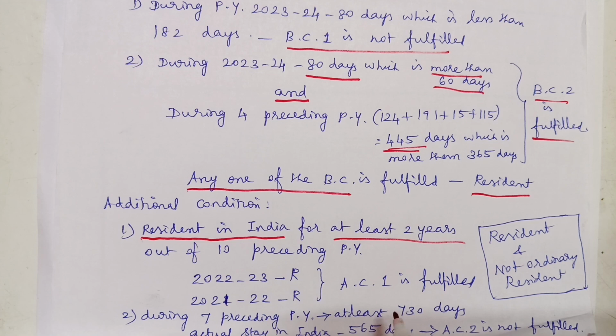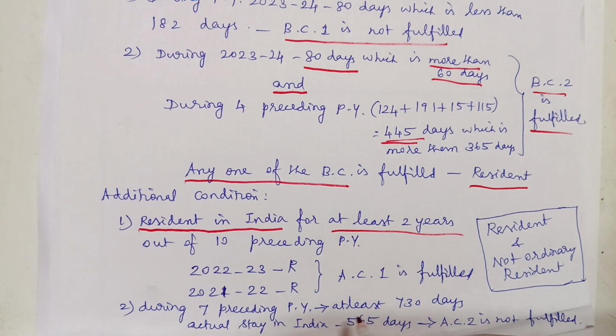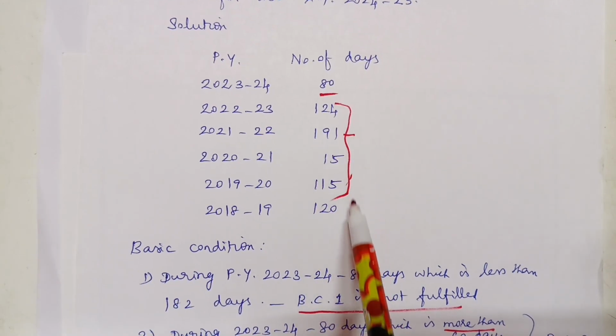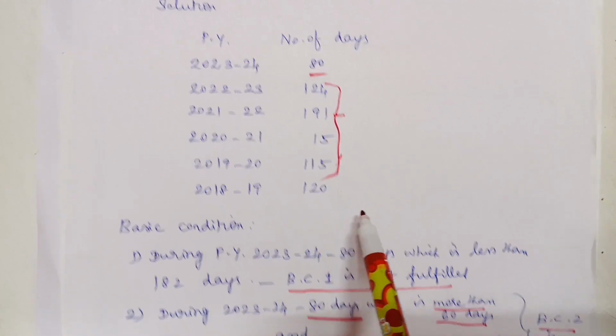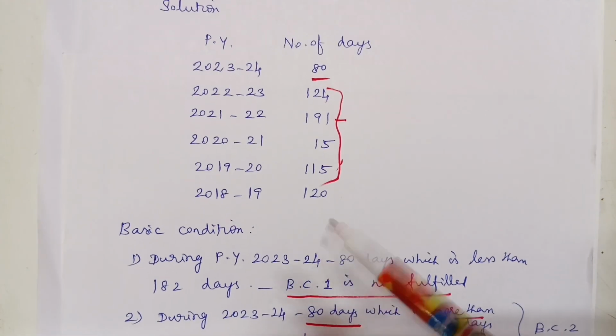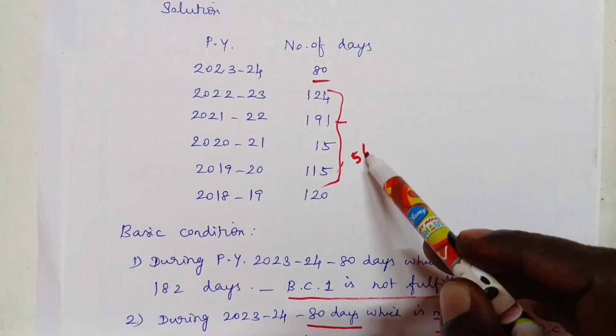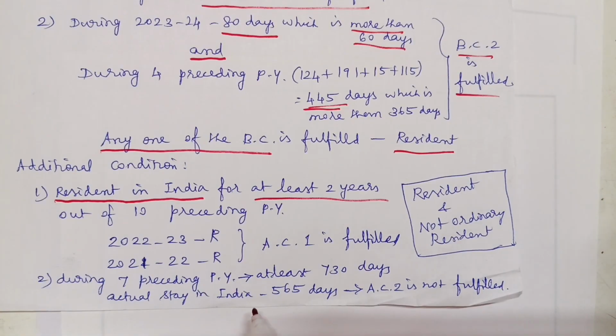Additional condition number 2 is that during the 7 years immediately preceding the previous year, the assessee should be in India for at least 730 days. Here, the total number of days of these preceding previous years is 565. So additional condition 2 is not fulfilled as the number of days is less than 730.